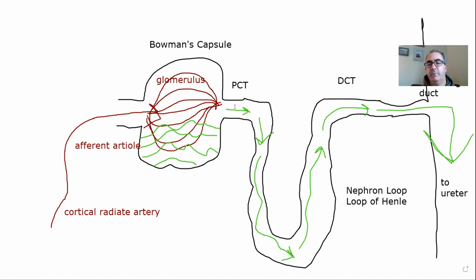It then travels through the proximal convoluted tubule, down the descending limb of the nephron loop, up the ascending limb of the nephron loop, through the distal convoluted tubule to the collecting duct, and it goes to the ureter. Whatever is getting filtered out of our blood goes through this long tubule and gets to the other end. That's what goes to the ureter and becomes our urine.